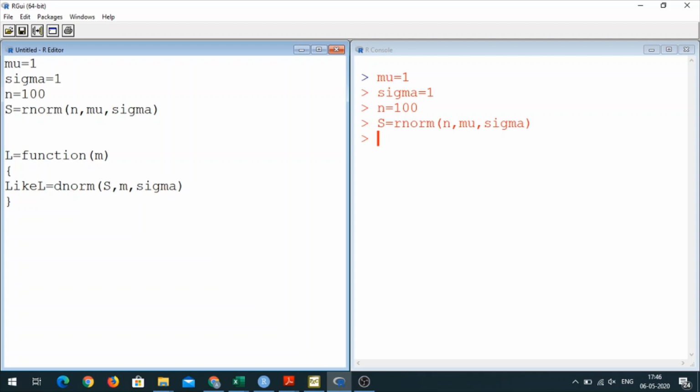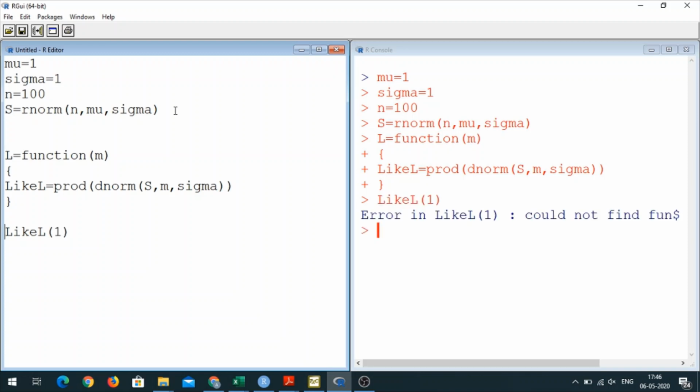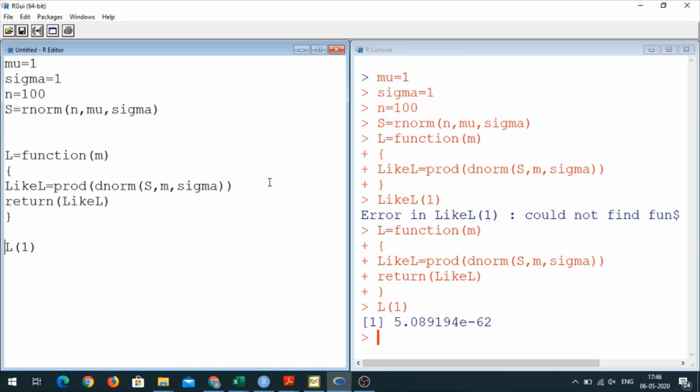Of course I want to take product. Let us try to see if this runs. Let me try to compute for, let's say, actual mu. Okay, I'm sorry, my function is not like L, my function is L, and it is safer to add a return command always. So see, this is the value of the likelihood.